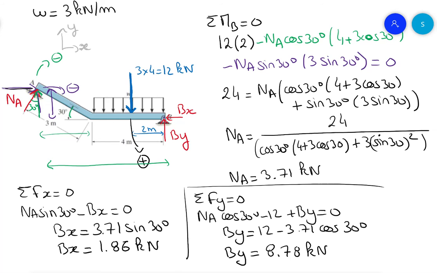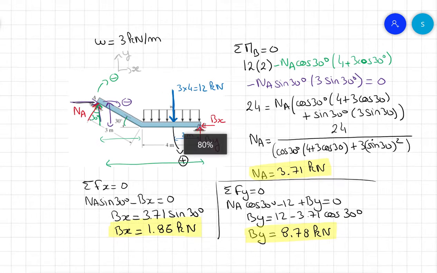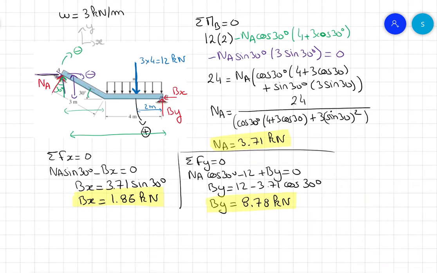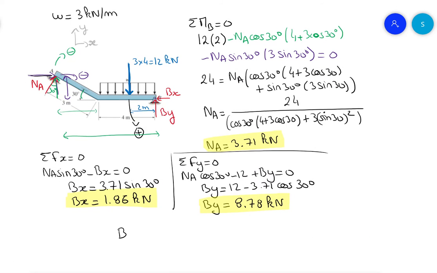Here we go. Let me highlight the answers. So we have the NA, the BX, and the BY. And if you want to know the magnitude of the component in the pin connection at B, you do B equal to square root of 1.186 squared plus 8.78 squared.